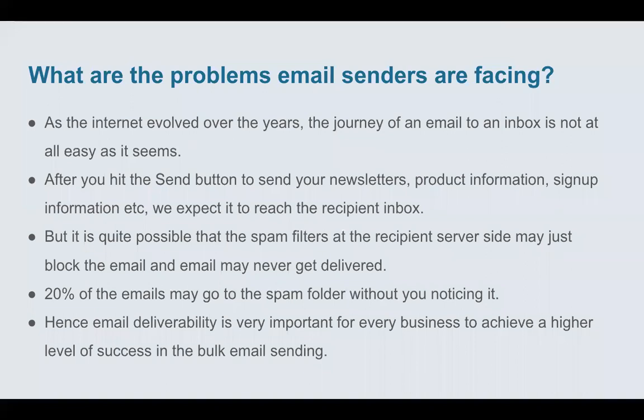I'm sure your company must have been sending email campaigns, either using MassMailer or some other service provider. And if you've been sending out bulk email campaigns, you must have noticed the kind of statistics you're getting may vary from campaign to campaign.